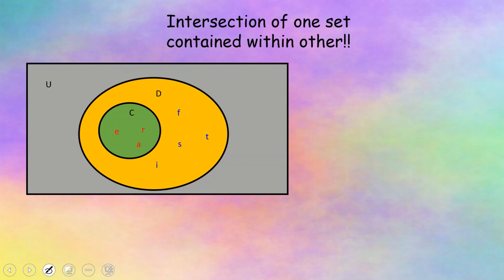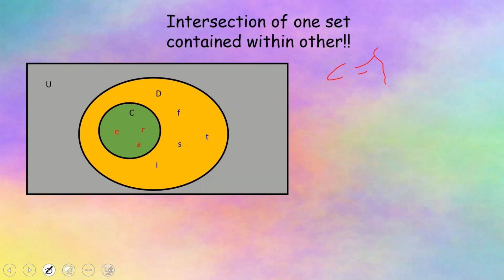This is your universal set. Okay, U is your universal set, where C has elements E, R and A. It has three elements.